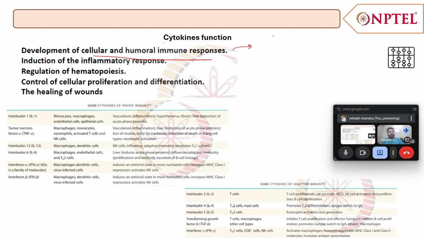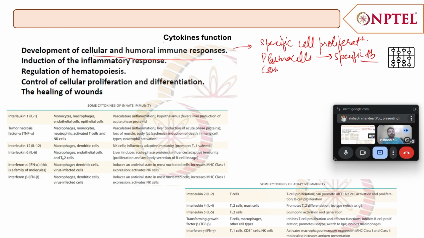That means they help in specific cell proliferation, then help the plasma cells to produce specific antibodies, and the third one is complement activation. Okay, so these would be the three main roles of cytokines in cellular and humoral immune responses.